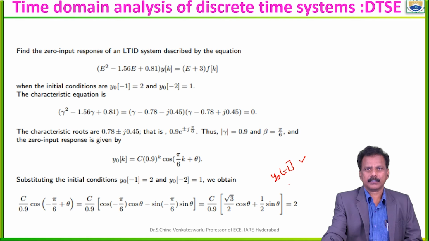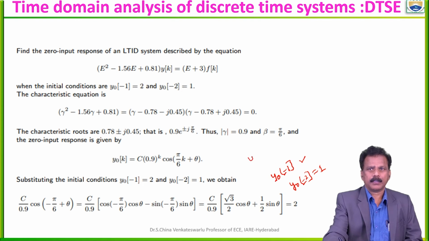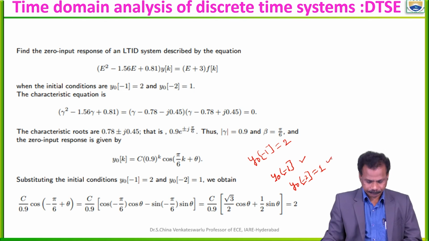After that, you can consider y naught of minus 2 equal to 1. Here y naught of minus 1 is equal to 2, and we have to verify that. After that, y naught of minus 2 is equal to 1.